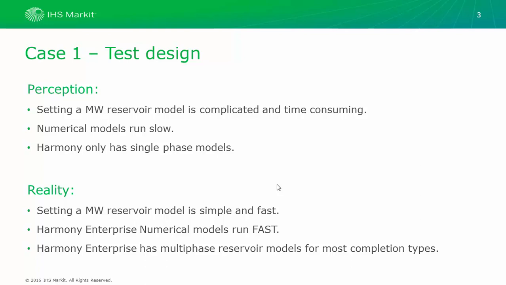Now, in terms of our numerical model, how does it work? And how does it run so quickly? There's actually a white paper I'm happy to send you if you want to email me. I'll include my information at the end. But the main difference is we use a pseudo pressure, and we use that to pre-calculate the fluid properties between each of the grid cells.